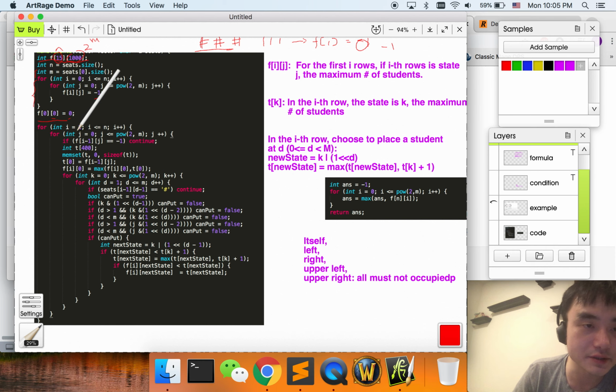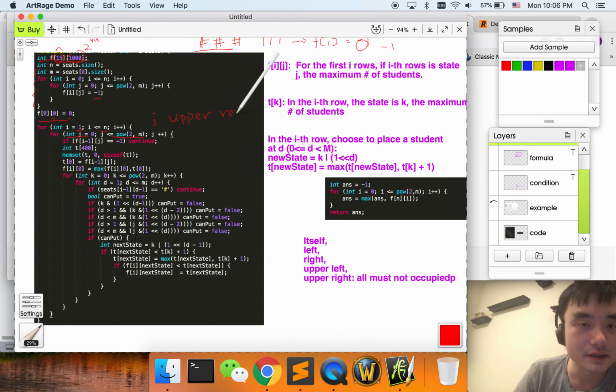And we are going to start from the first row to the last row, and iterate all of the states for the row before i. J is the state of the upper row.